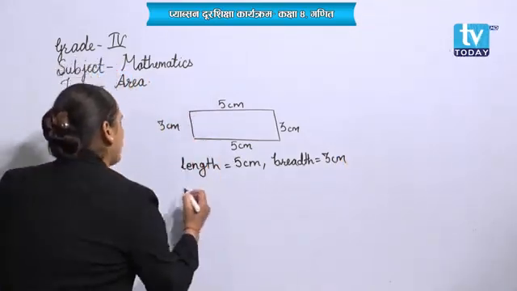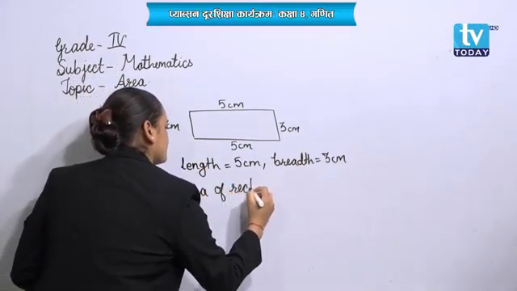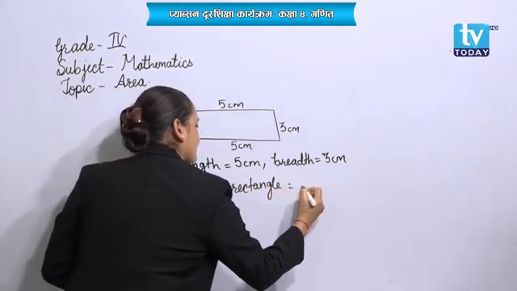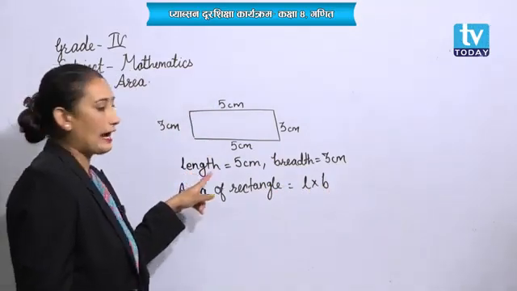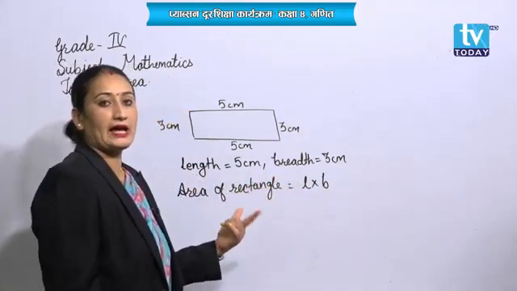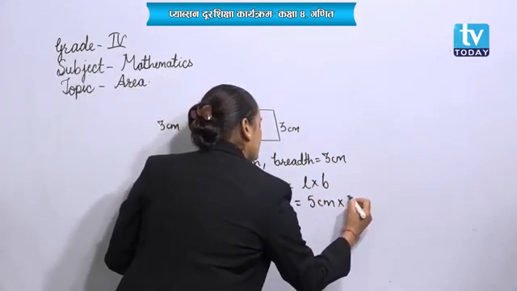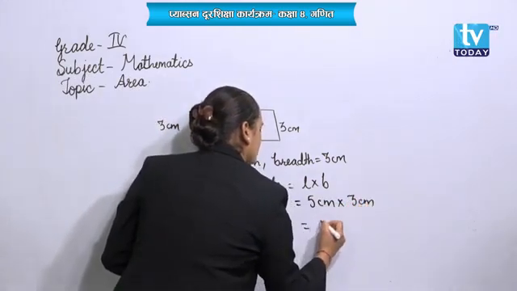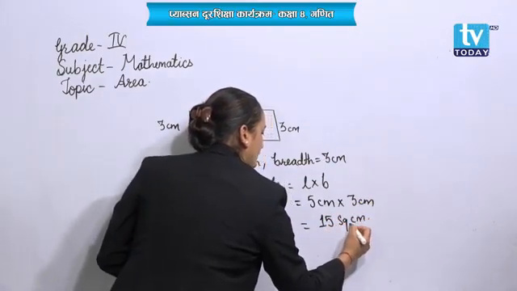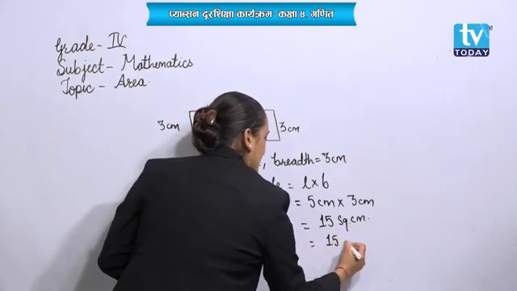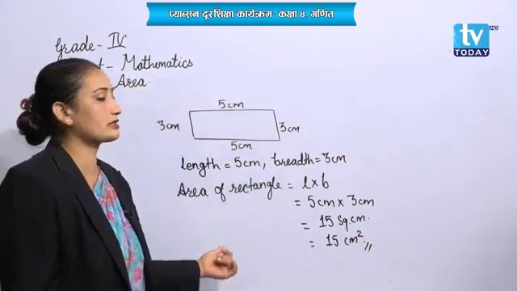Area of rectangle is L into B, where L denotes length and B denotes breadth. So write 5 cm into 3 cm. That means 5 times 3 is 15 square centimeter, or 15 cm square. Done? I hope you have done this one.